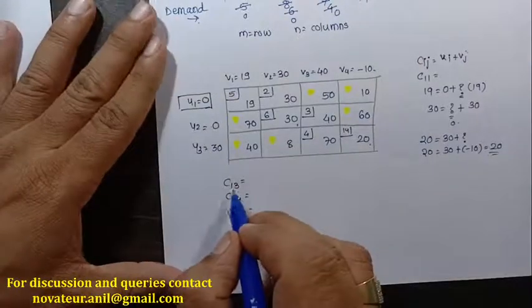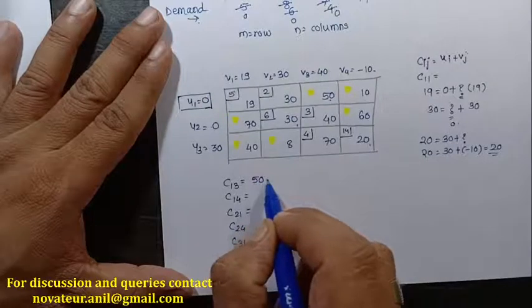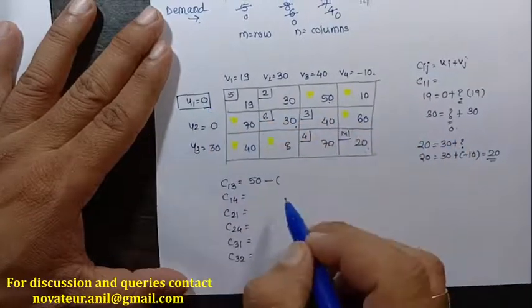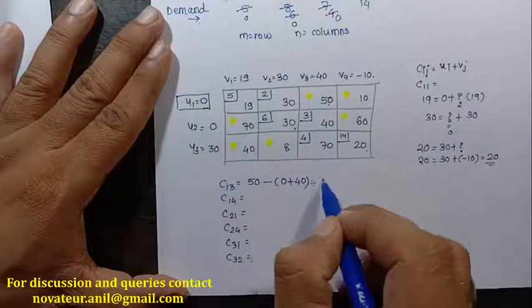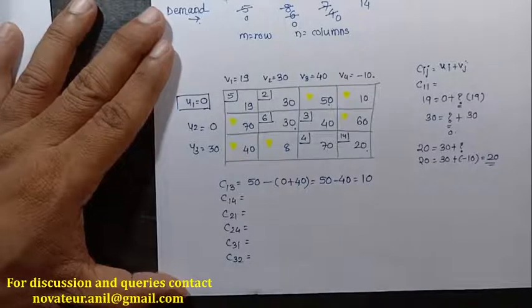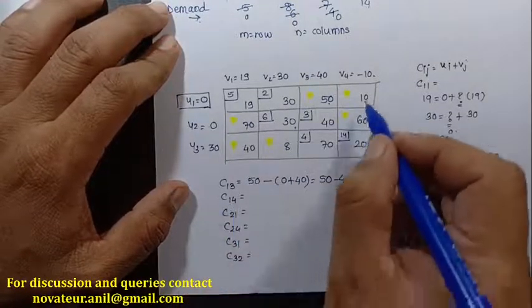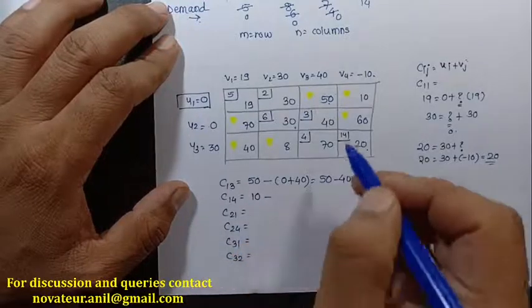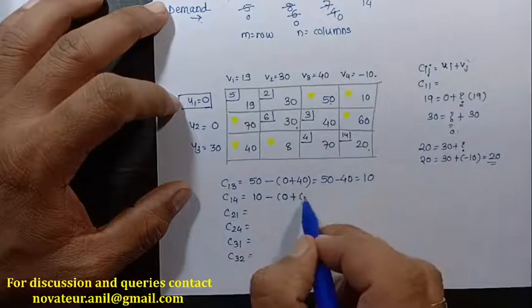So here this value is 50. You can see 50 minus what is the adjacent U, which is 0, plus what is the adjacent V, which is 40. Elaborating it further, it becomes plus 10. It's very simple mathematical calculation. Similarly, C14 is 10 minus, the adjacent U value is 0, minus 10.